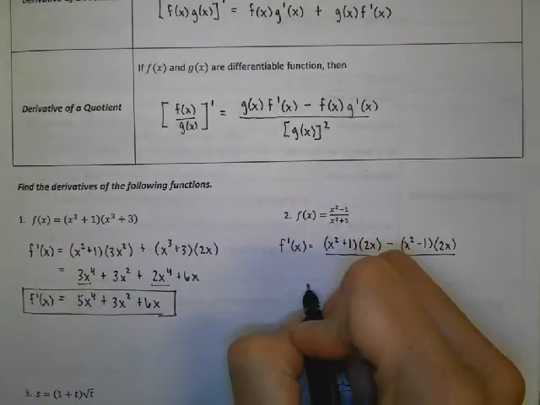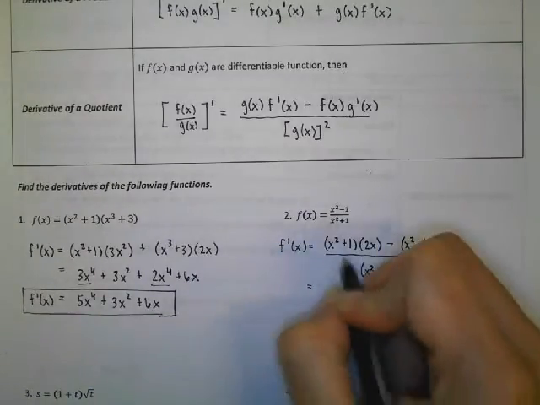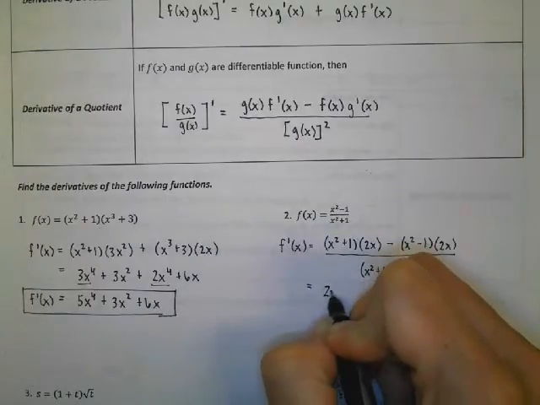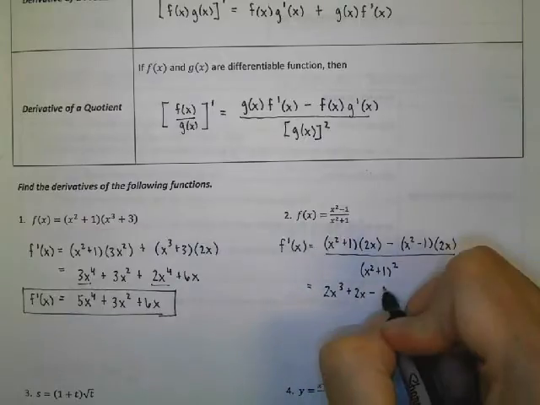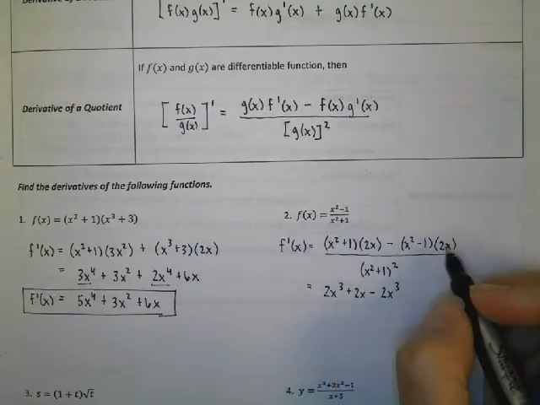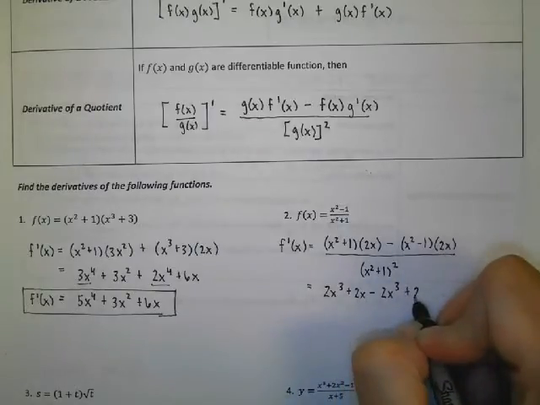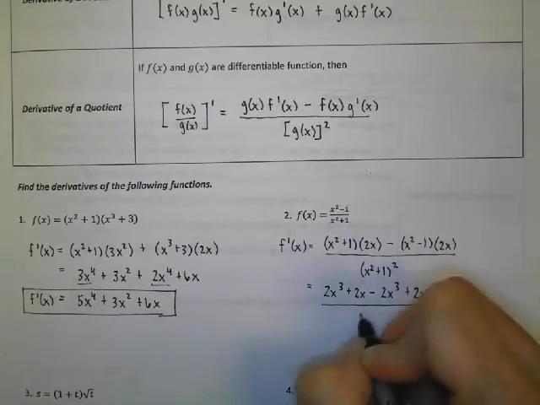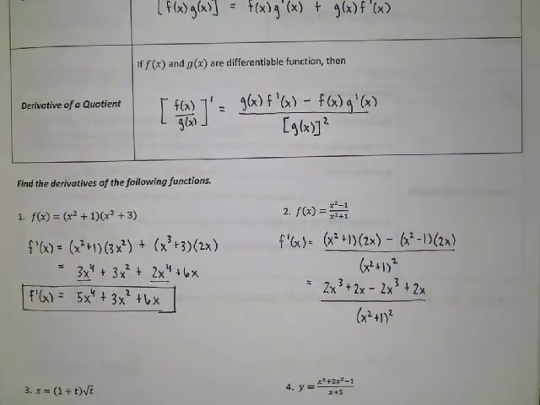Now we're going to do some basic simplification, especially in the numerator, by distributing. So 2x cubed plus 2x minus 2x cubed. This would be a negative 2x, so that's going to be plus 2x, all over x squared plus 1 quantity squared.